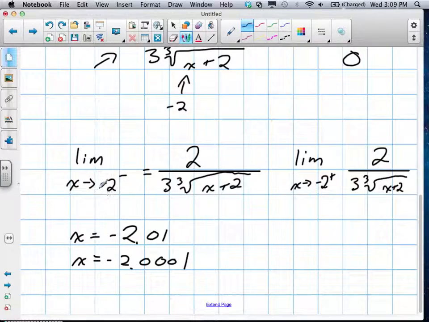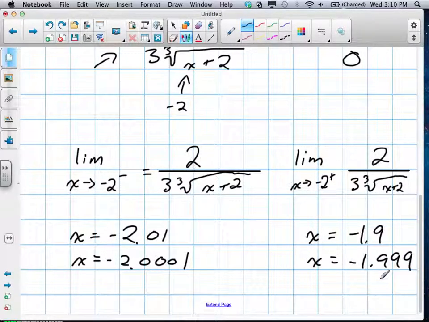So that's when x is approaching -2 from the left, and when x is approaching -2 from the right, it's a little bit greater than -2. So think of a number like x equal to -1.9, or x equal to -1.999. So we're just a little bit bigger than -2. We can go through the process of plugging these values in, smaller and smaller.